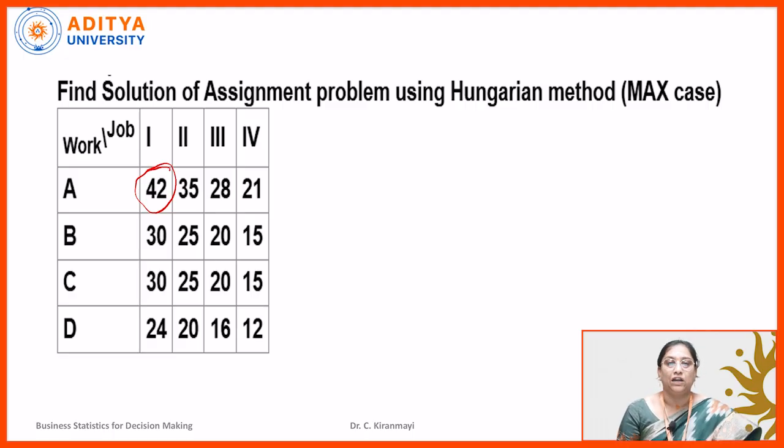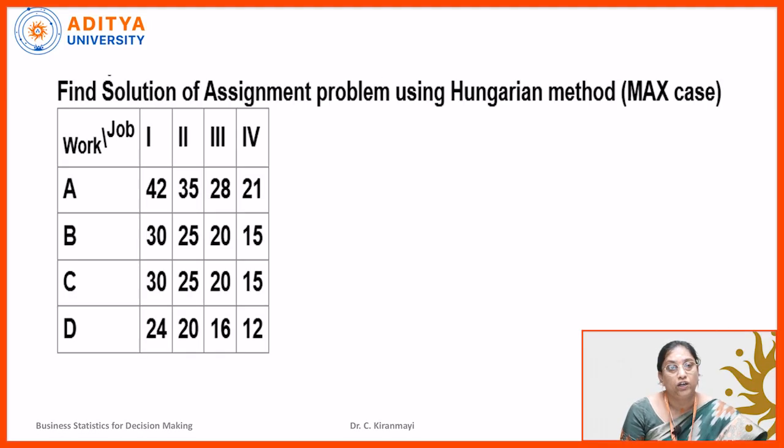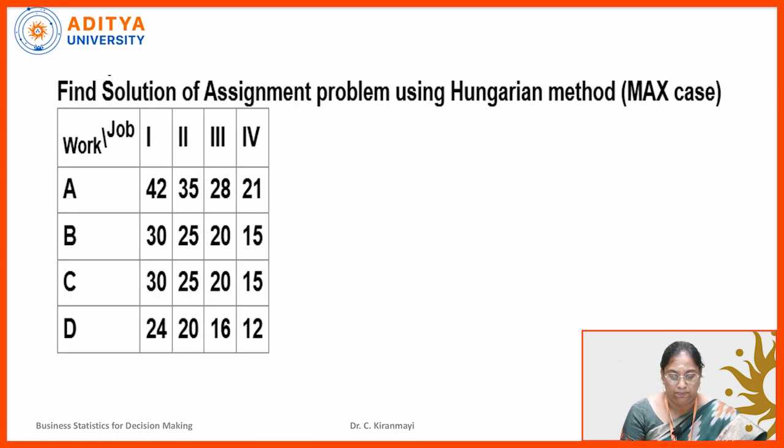Therefore, subtract all the other elements from this maximum value. This is how you can convert the given assignment problem from maximization model into minimization model. There, 42 minus 42 is 0. 42 minus 35 is 7. Like this, all the other elements must be subtracted from this maximum value.